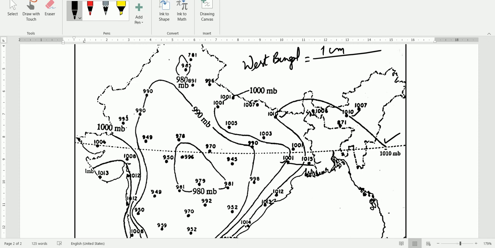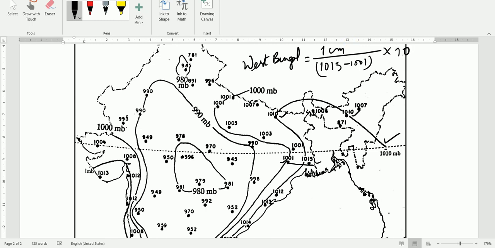Then according to the formula, we have to find the difference in values. We have to subtract 1015 minus 1001, multiplied by this interval. We have selected 10 millibar.